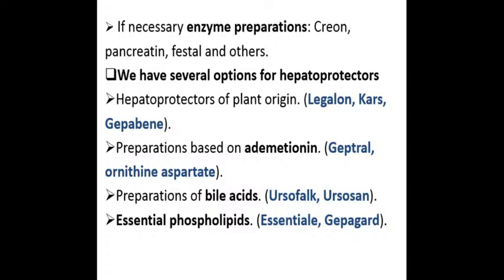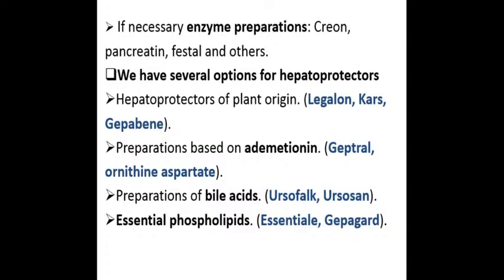Next group, it is hepatoprotectors. Now we know many variants of hepatoprotectors. The first, it is hepatoprotectors of plant origin. Second, it is a preparation based on ademetionine. Next, it is preparations of bile acids, ursodeoxycholic and chenodeoxycholic.